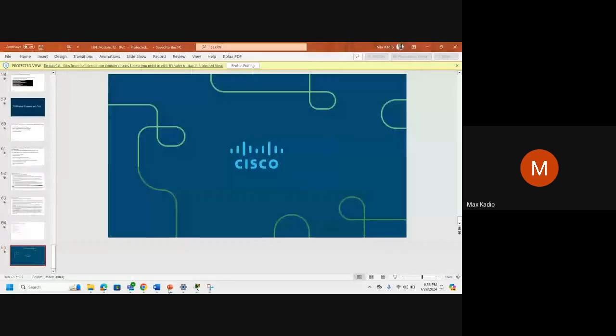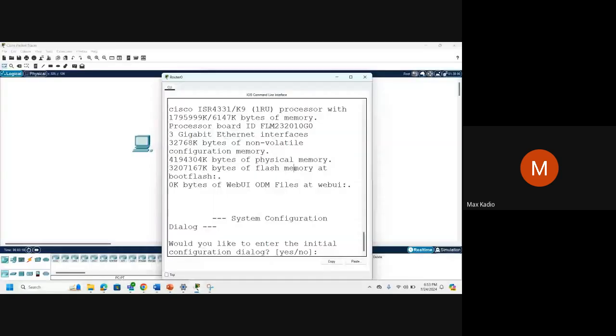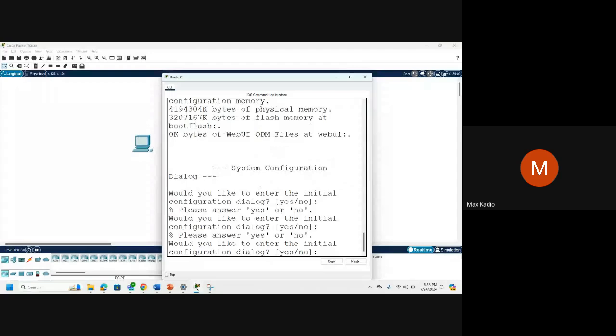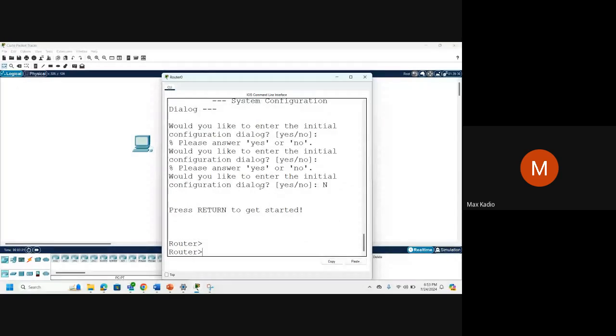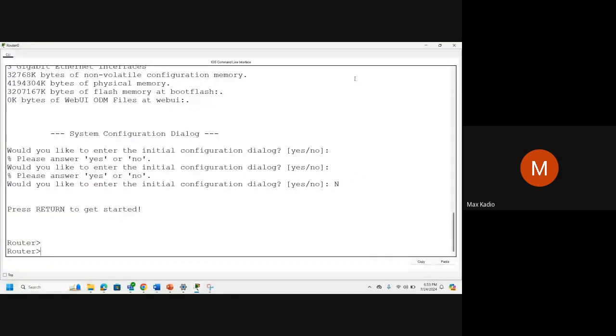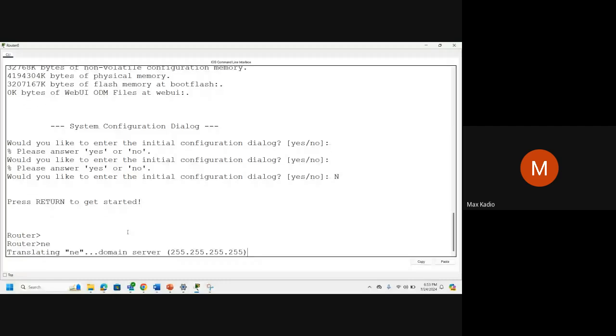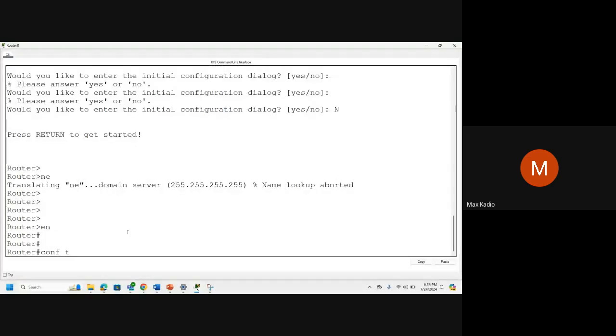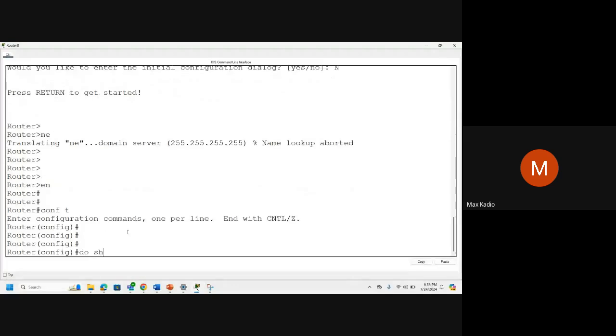So if you have a router, type enable, conf t, do show IP interface brief to check the interfaces on my router. Show IP interface brief.